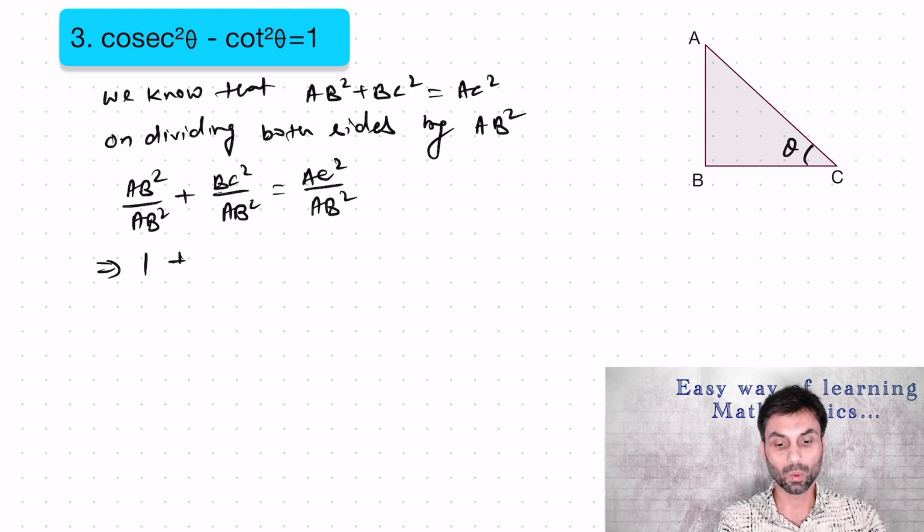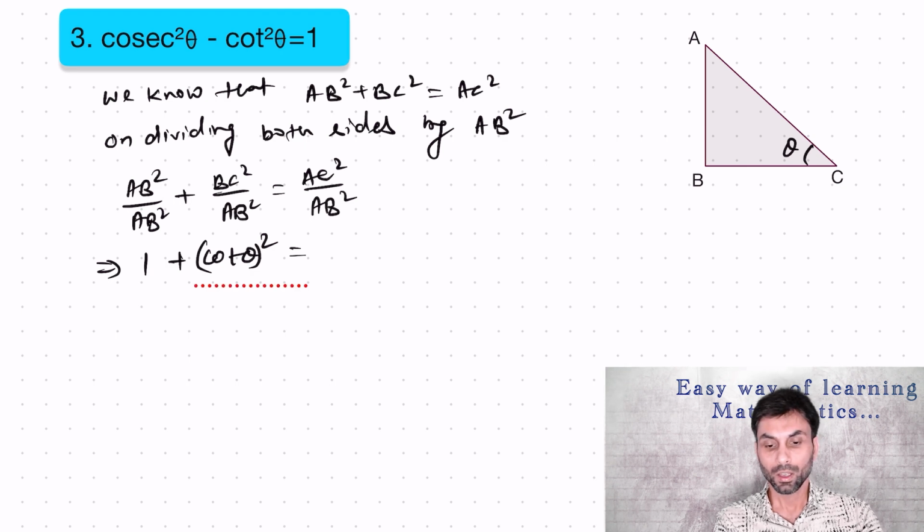That can be written as 1 plus BC upon AB, where BC is adjacent and AB is opposite. We can write it as cot theta whole square, which will be equals to AC upon AB, that is cosec theta.